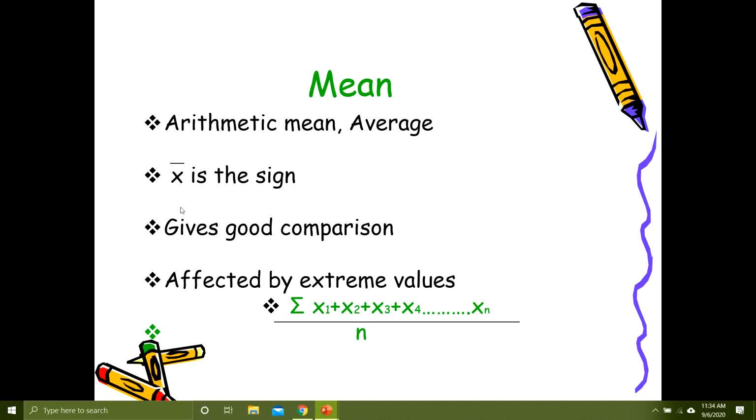For example, if I want to check the hemoglobin level of fourth year MBBS students, I will take a blood sample of each and every individual who is included in my sample, and then I will assess the hemoglobin value of each and every individual. But while presenting the data, I will not present the hemoglobin values of each and every individual. I will give a value which will represent the whole sample. It means I have to calculate the mean hemoglobin level of fourth year MBBS.